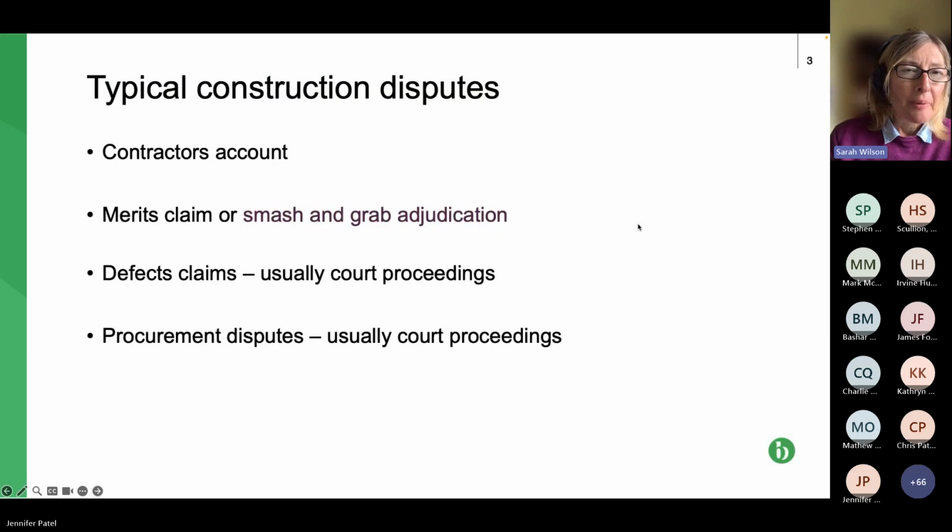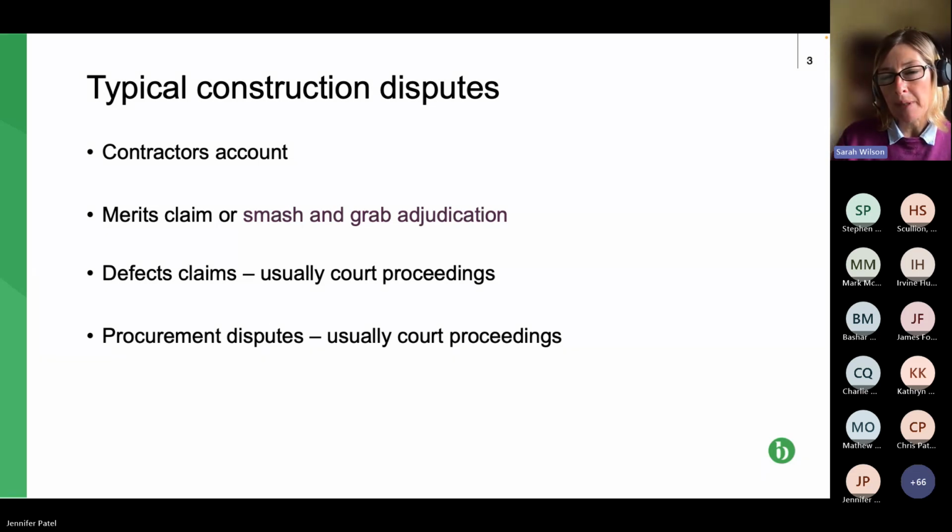So, typical construction disputes. This is just to put the smash and grab in perspective. Probably the most typical kind of dispute is on the contractor's account, the subcontractor's account, or of course it could be the consultant's account.